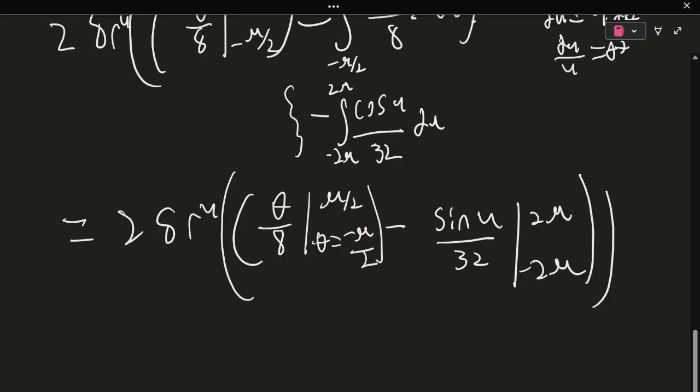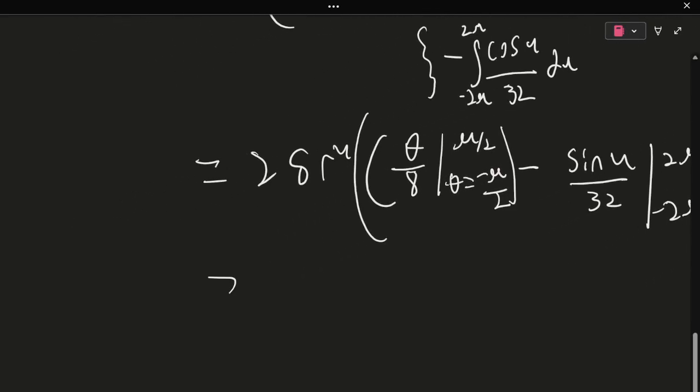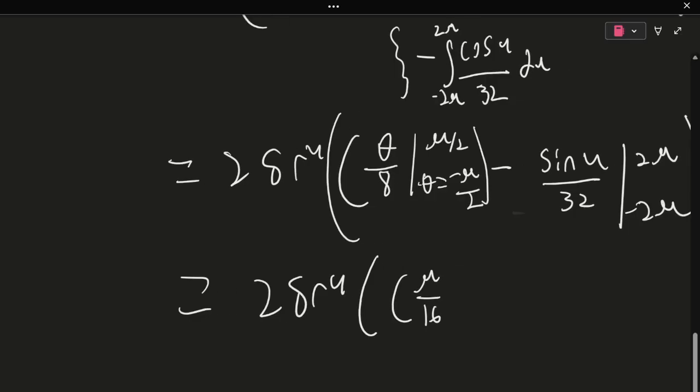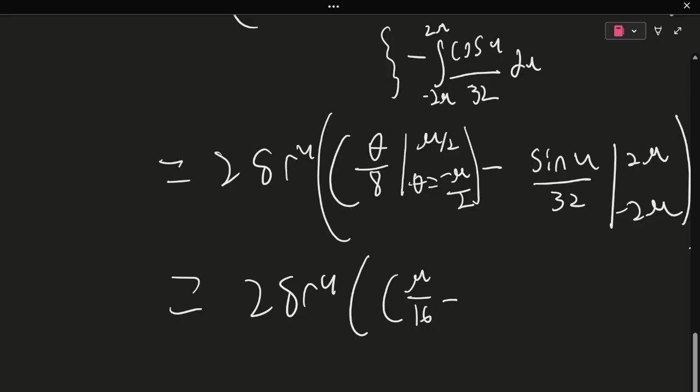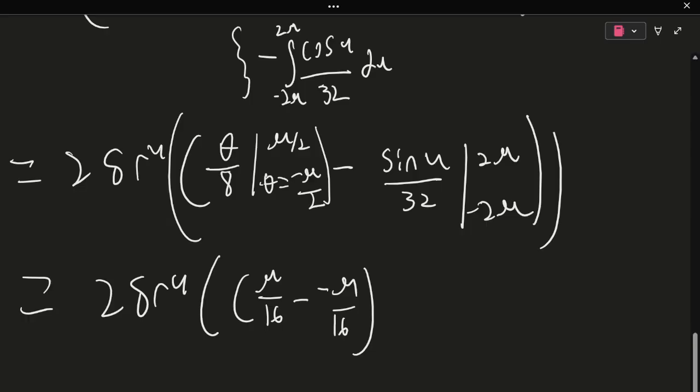Alrighty. So now we have 2 times our density times r to the fourth times pi halves over 8, which is pi over 16, minus, and now we have negative pi over 16. Now we subtract this expression.